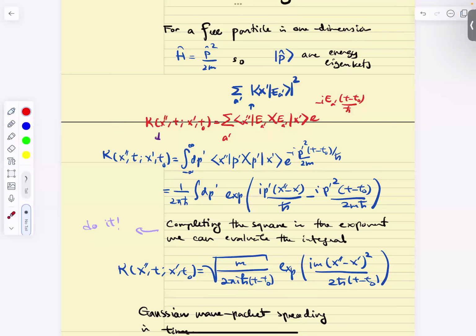What is the sum? Interpreted in words. You have an energy eigenket. This is the probability of an energy eigenket to be in position x prime. Sorry, this is the probability. Maybe I should write it the other way around. That's easier.